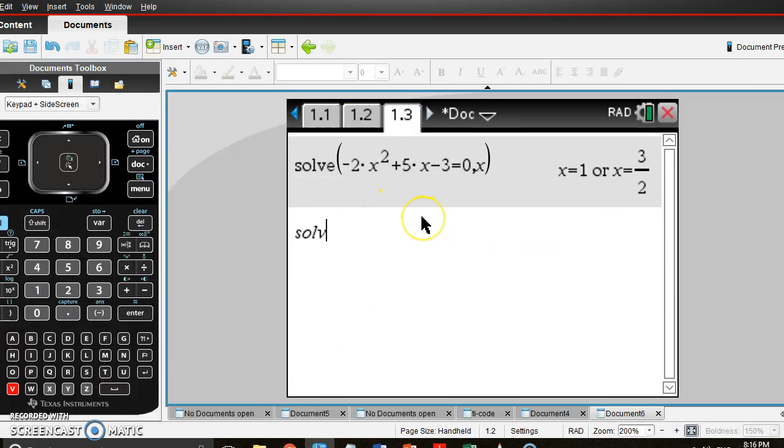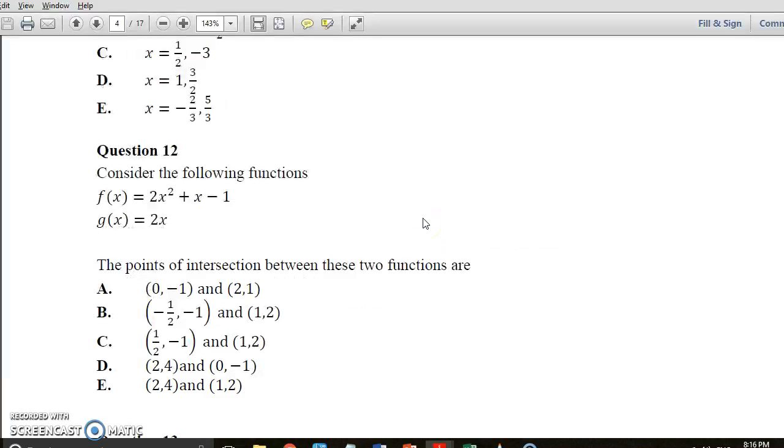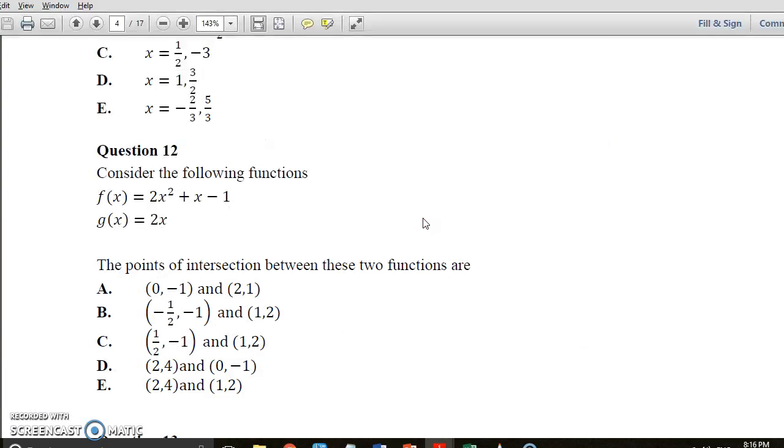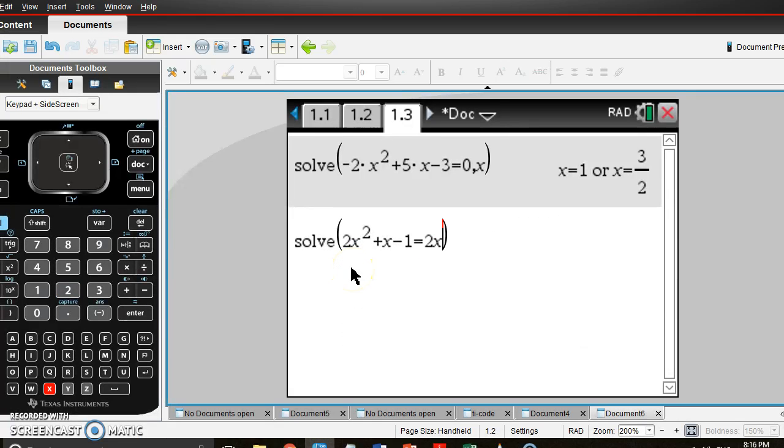So we're going to say solve 2x squared plus x minus 1 equals 2x. So we're solving that for x. Press enter, and we get -½ or 1.